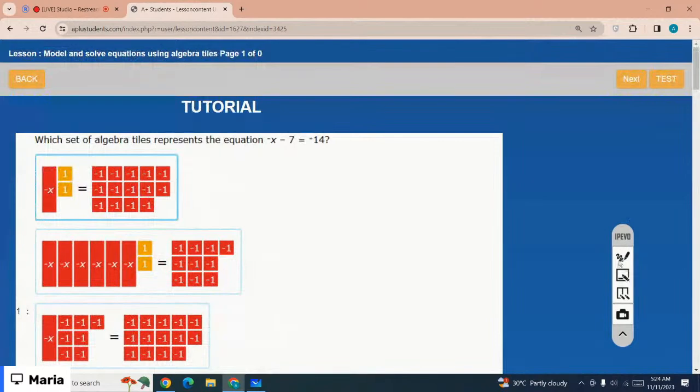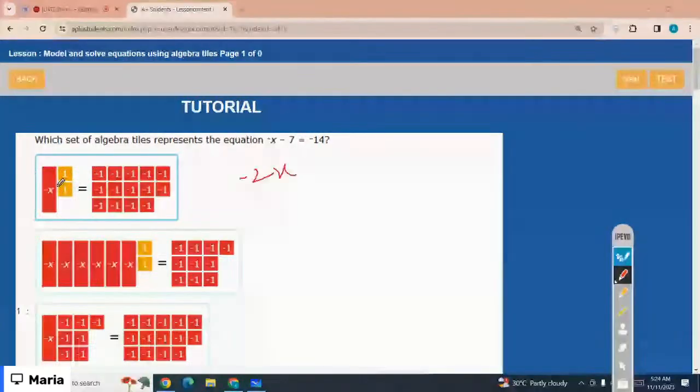You have negative 2x because you have two red tiles, and negative 14, right? So divide both sides, so it will be x equals 7. The correct option is x equals 7.